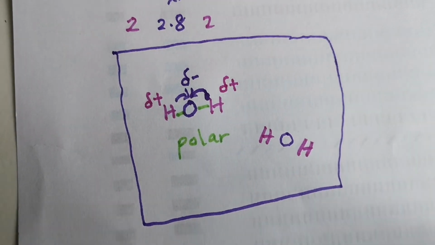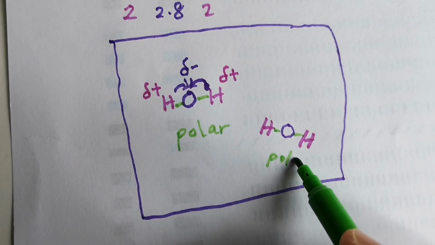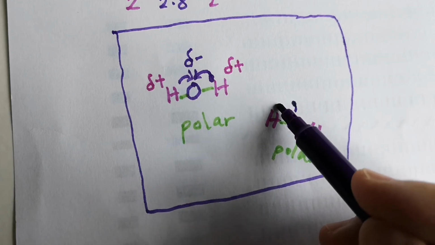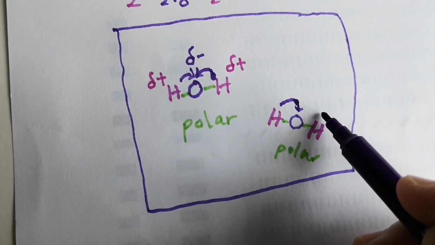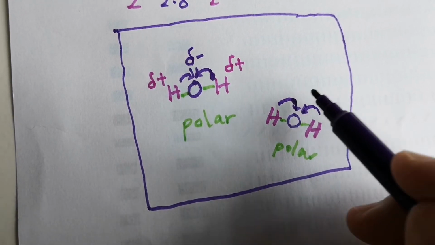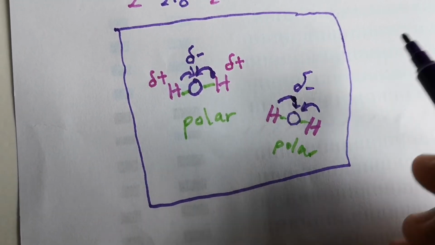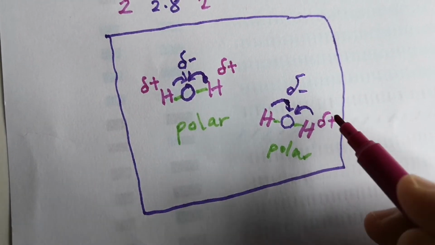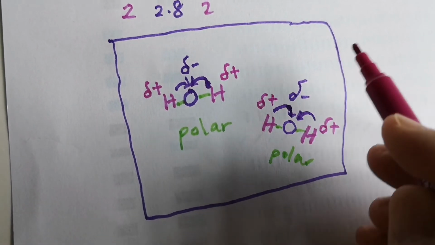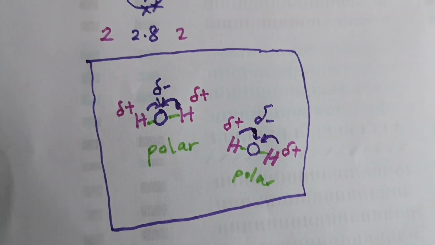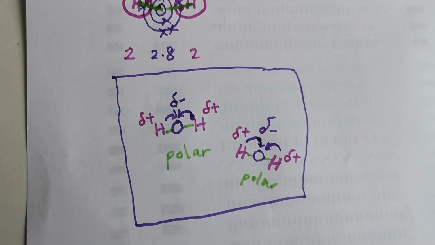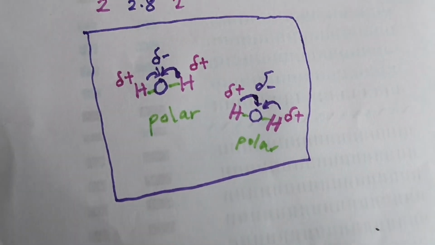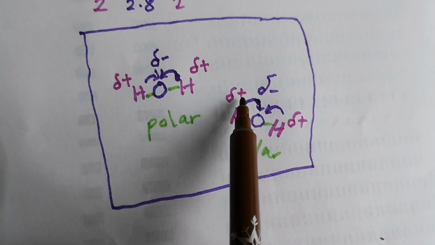Right, because of the tendency of O, more electronegative, to pull in the electrons. So this O becomes slightly negative, and this H becomes slightly positive, and this slightly positive. So you see, there is positive and there is negative.